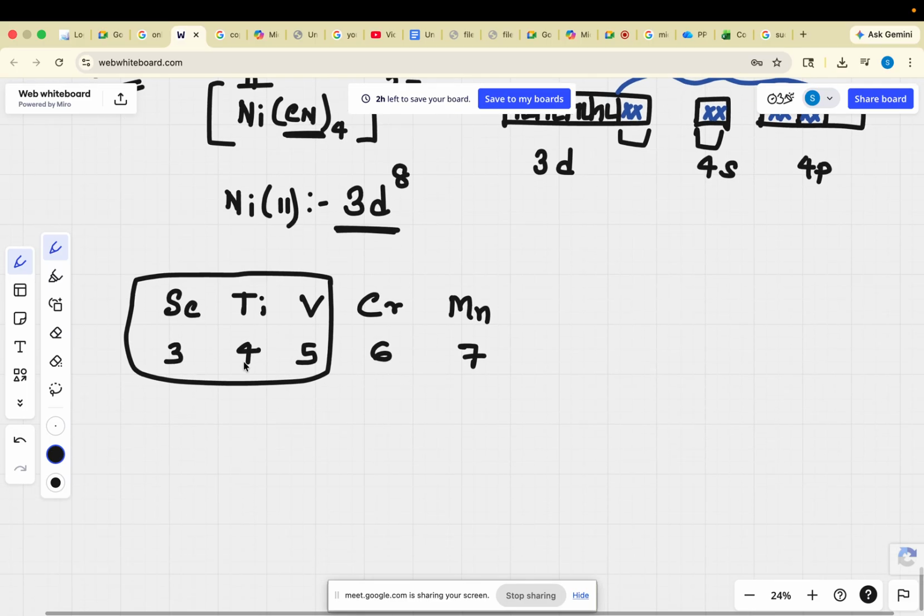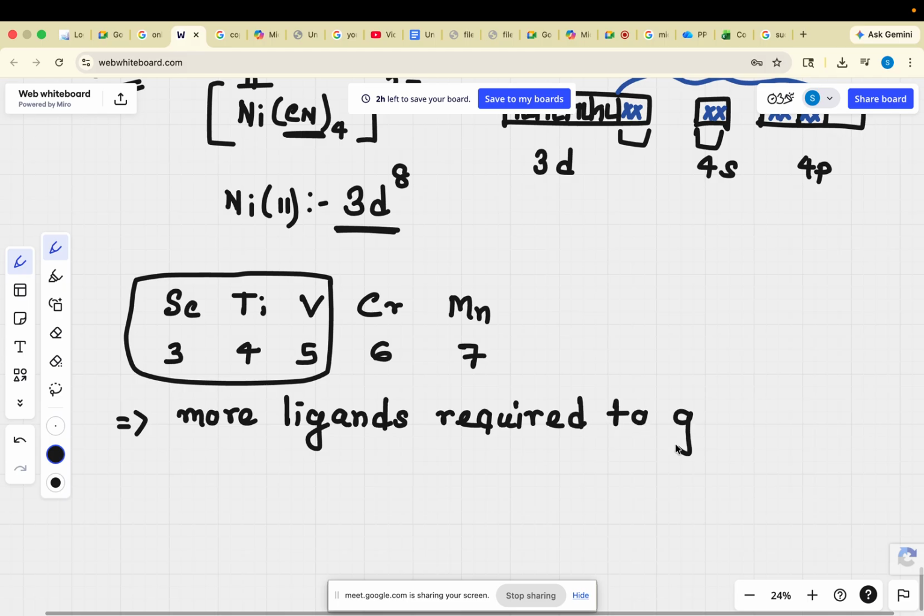That means you actually require more ligands. So write down: more ligands required to get 18 electrons. Suppose you have 4 electrons from the metal center, so almost 14 electrons are needed from your ligand center.